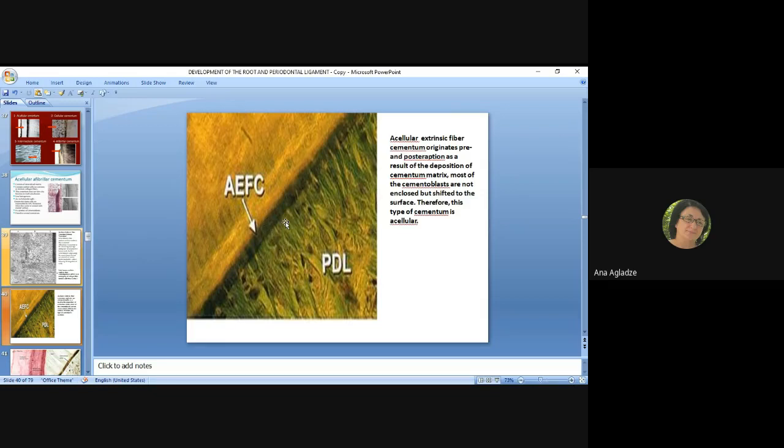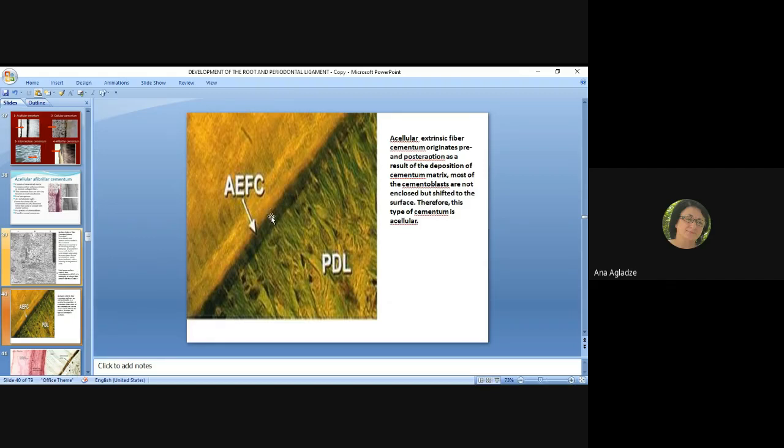Most of the cementoblasts are not enclosed but shifted to the surface, and therefore this type of cementum is acellular. The Sharpey's fibers in cementum are homogeneously mineralized, with the majority of the crystals running with their central axis parallel to the path of the fibrils. After disintegration of the organic components, the entry points of the Sharpey's fibers are visible in specimens on the cementum surface.